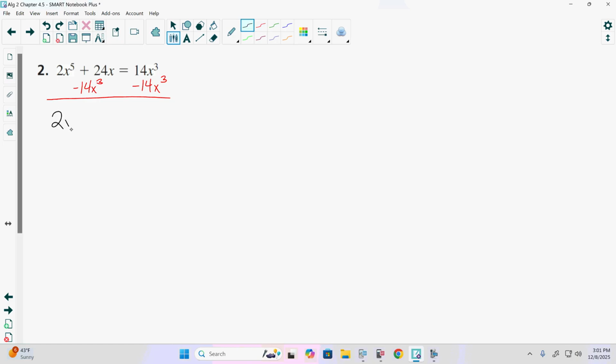I'm going to subtract 14x cubed from both sides, because one side with 14x cubed has one term. The other side has two. I would rather move one thing than move two things. Subtracting 14x cubed would get us 0 on the right-hand side.